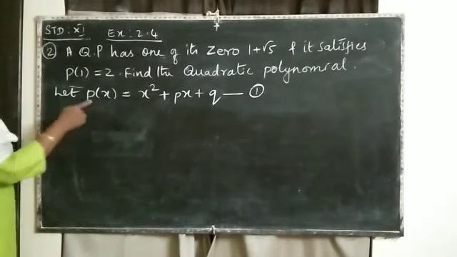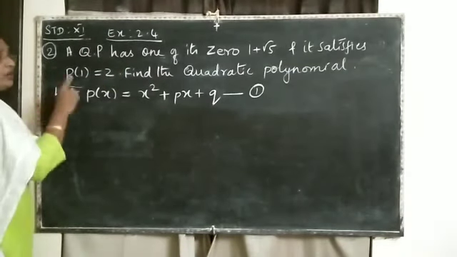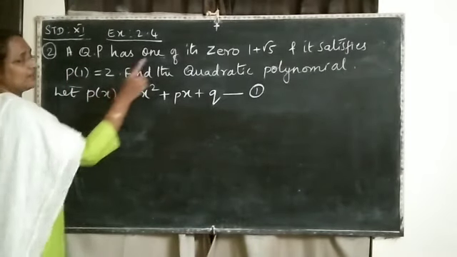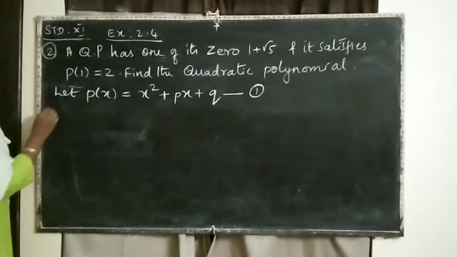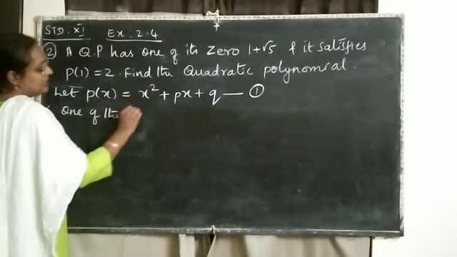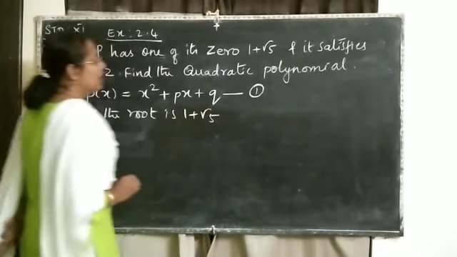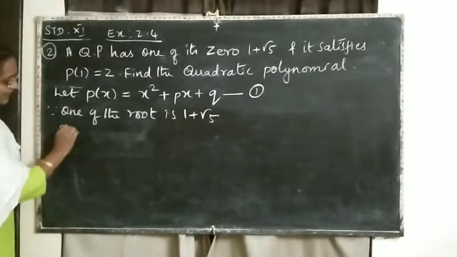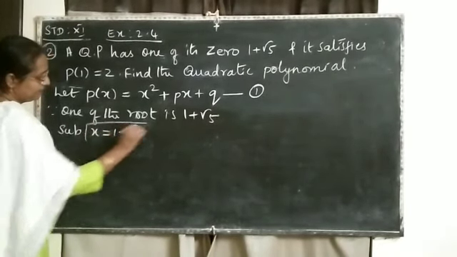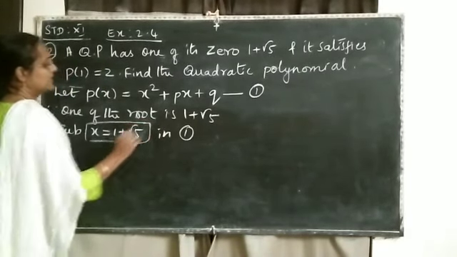Okay, now in this, one of its roots is 1 plus root 5. So one of its roots, that is, one of the values of x, is 1 plus root 5. Since one of the roots is 1 plus root 5, I am going to substitute x is equal to 1 plus root 5 in the first equation.